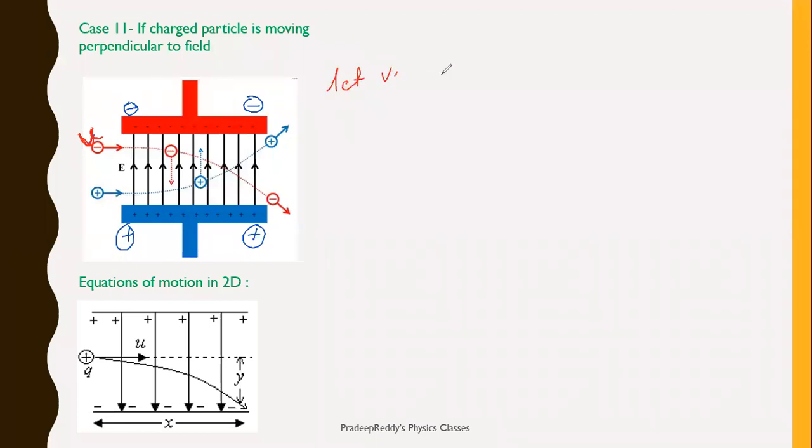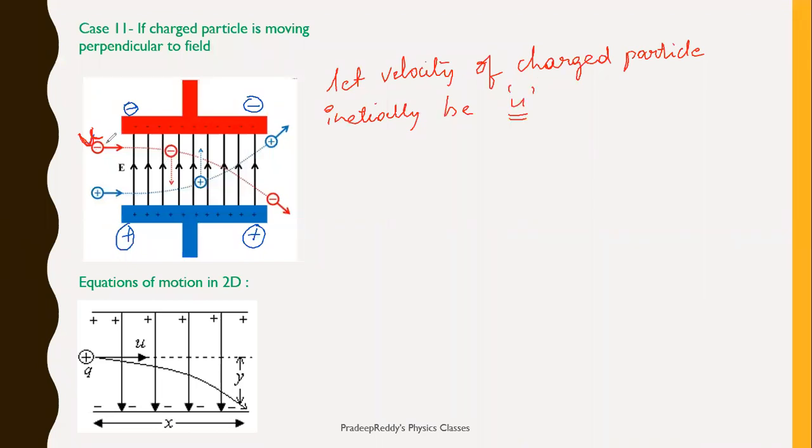When it enters the electric field, by default it should travel in the rightward direction because its initial velocity is to the right.